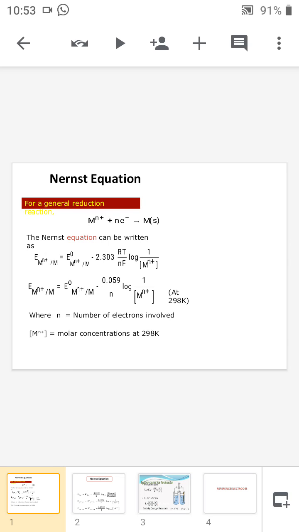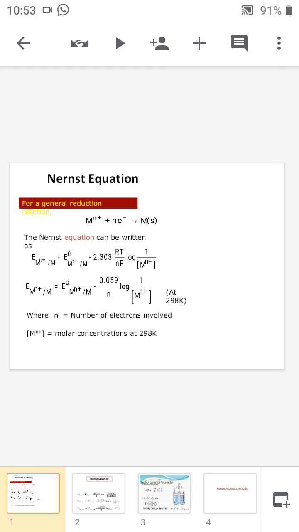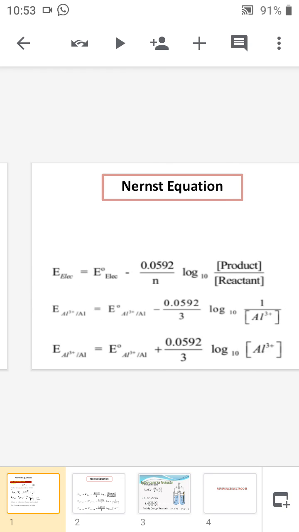Then we know that R is the universal gas constant, T is the temperature in the standard state, and F is the Faraday. So if we substitute these values, our equation becomes E is equal to E0 minus 0.059 divided by n into log 1 divided by M^n+. So this is the Nernst equation for the half cell.